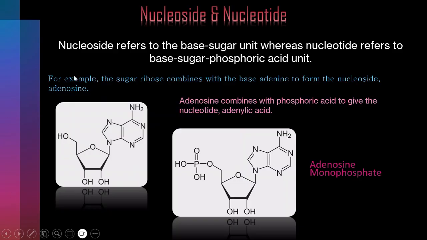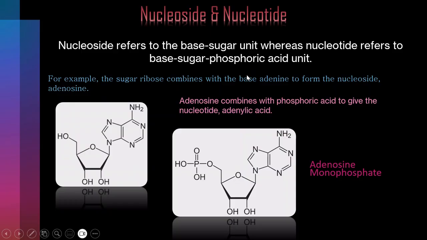Actually, the nucleoside refers to the base sugar unit. It is the combination of nitrogenous base and sugar. Whereas nucleotide is a combination of base, sugar and phosphoric acid unit. So I hope it is clear. Nucleoside is a combination of base and sugar. Nucleotide is a combination of base, sugar and phosphoric acid unit.